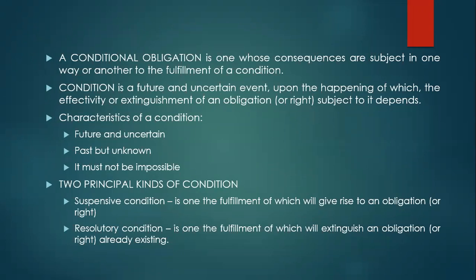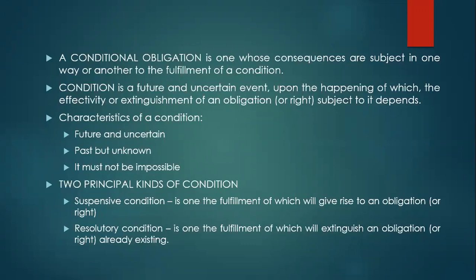Number one, based on the definition given, it is a future and uncertain event, which means that the event must happen in the future and that its happening is not certain, meaning you are not sure if the condition or the event will happen in the future.